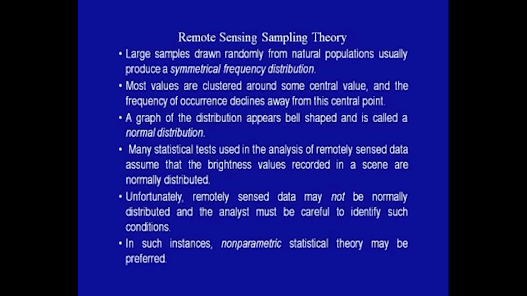Many statistical tests used in the analysis of remotely sensed data assume that the brightness values recorded in a scene are normally distributed. Unfortunately, remote sensing data may not be normally distributed, and the analyst must be careful to identify such conditions. In such circumstances, non-parametric statistical theory may be preferred.